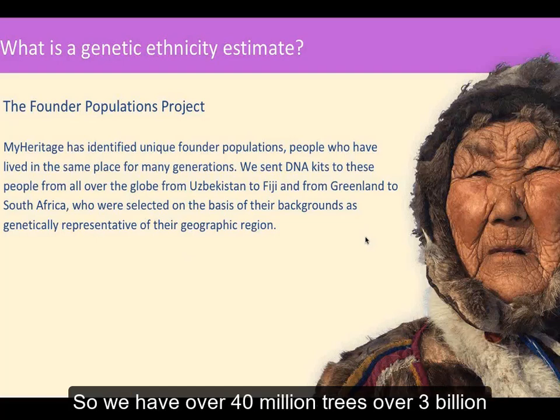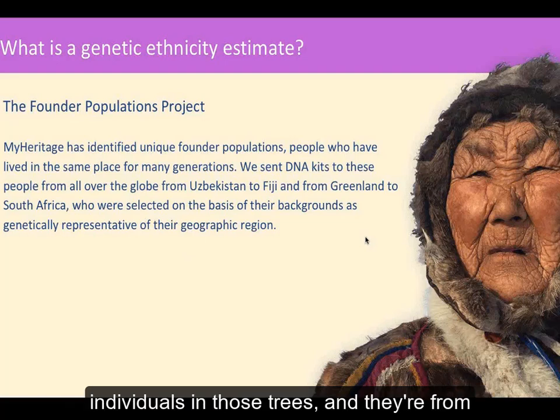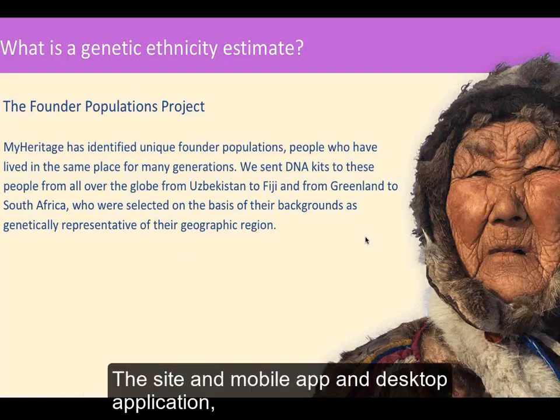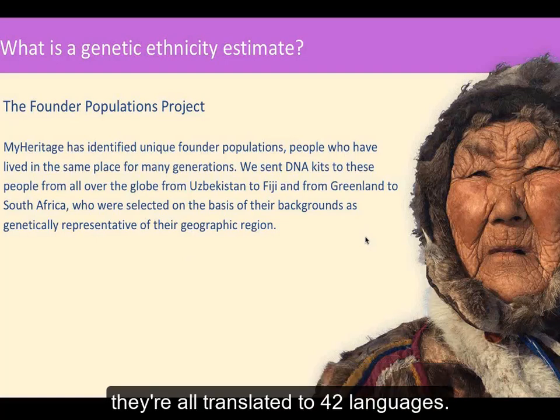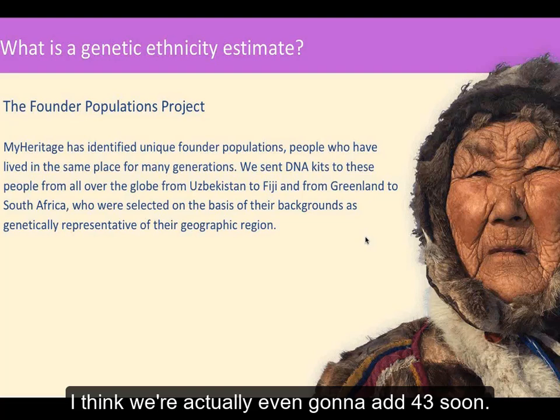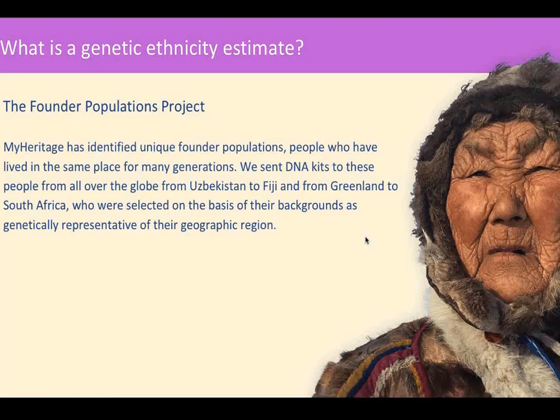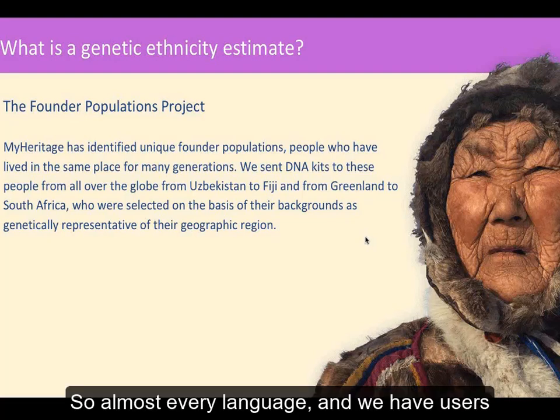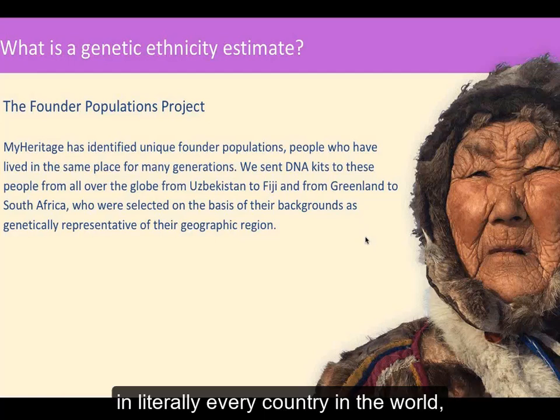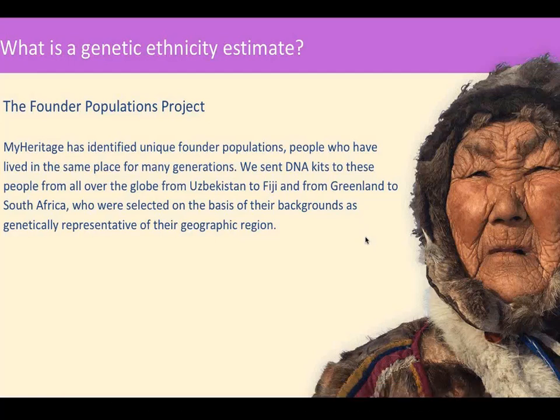We have over 40 million trees, over 3 billion individuals in those trees, from all over the world. The site, mobile app and desktop application are all translated to 42 languages. I think we're actually even going to add 43 soon. So almost every language, and we have users in literally every country in the world, over 93 million users.